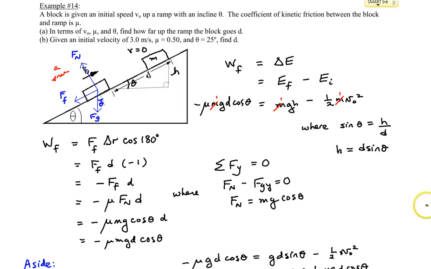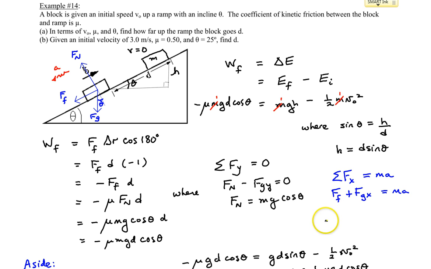You look back at the free body diagram and sum the forces along the x direction, and you'll see that there's a force of friction plus mg sine theta. I'll write it over here so you can see the diagram. Sum of the forces equals ma, and in the x direction you have the force of friction plus the x component of the weight, which is mg sine theta, equals ma.